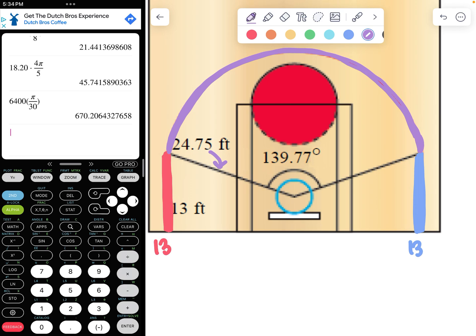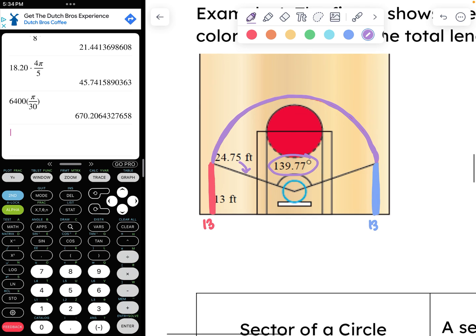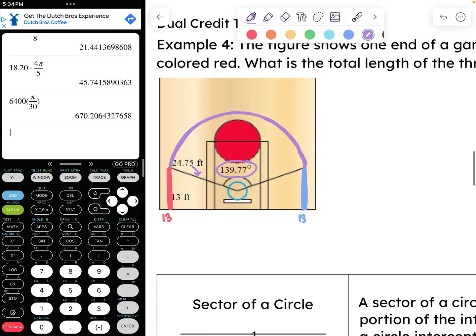We've got a nice angle measure, but the angle measure is in degrees instead of radians. So I'm going to take that 139.77 and multiply it by pi over 180. That's going to get me 139.77 pi over 180. That one doesn't simplify nicely like our previous ones did.